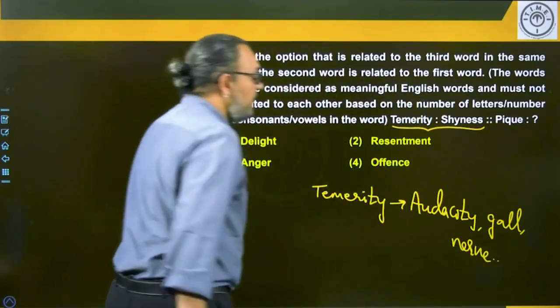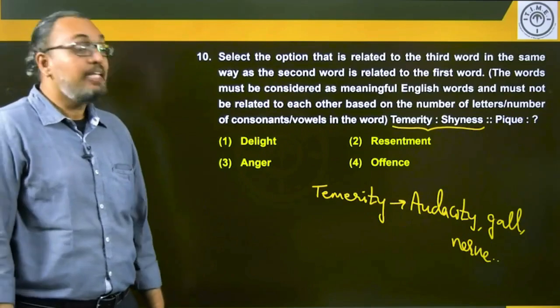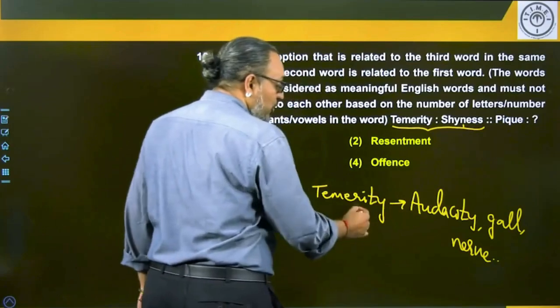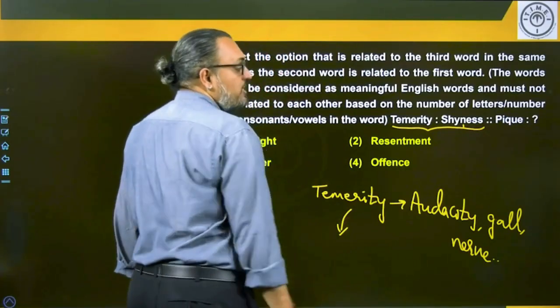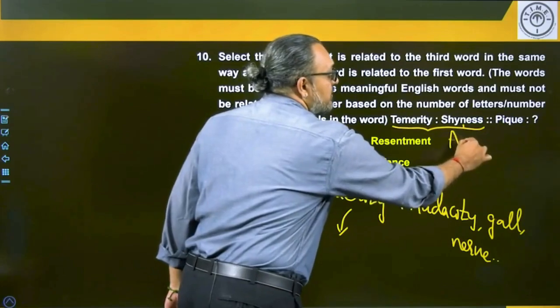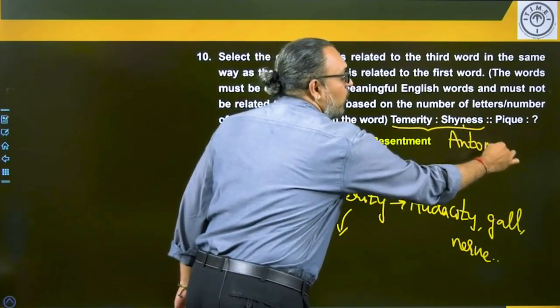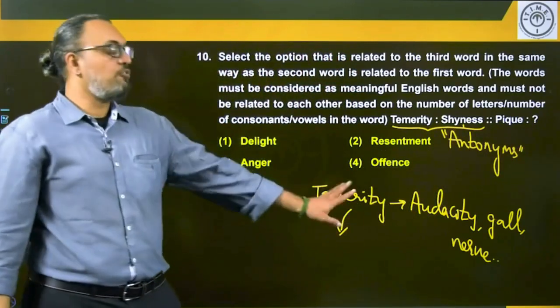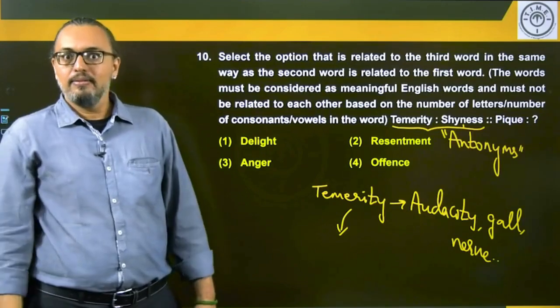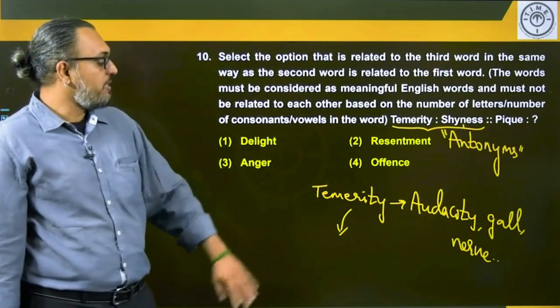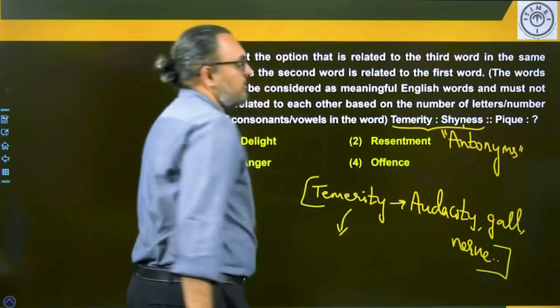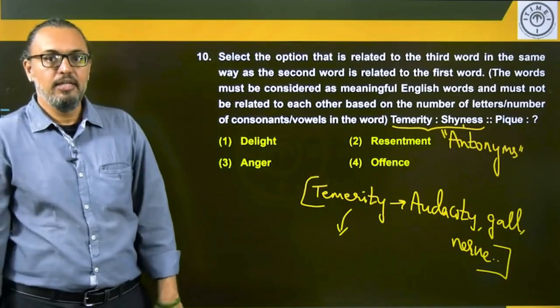So these are all synonyms of temerity. But shyness is actually the antonym of temerity. So they are antonyms, meaning they are opposites. Shyness is the exact opposite of audacity. So these are the synonyms, and we have the antonym given there.